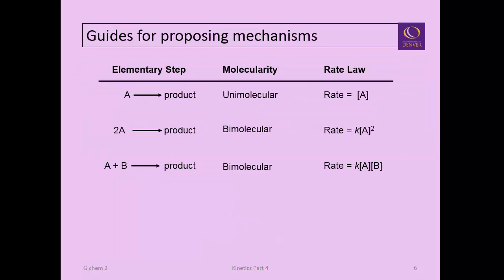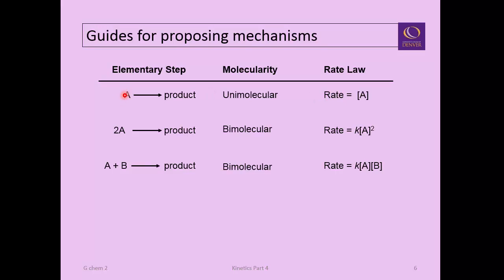So just a reminder, you have unimolecular situations where something decomposes. You have bimolecular reactions where it's the same thing, there's just 2 of them present. But there's also bimolecular, like what I just demonstrated, where there's 2 different molecules coming together to form a third molecule. And if you look at the rate law in this case, you can look at the step and use the stoichiometry of it to write your rate law.